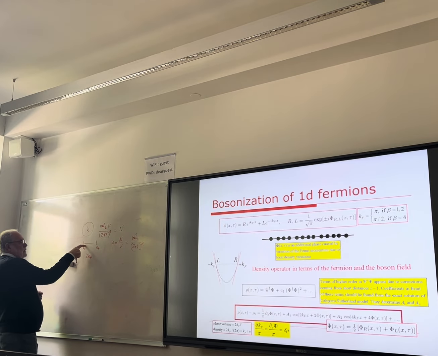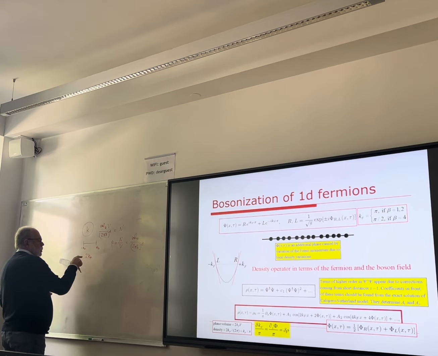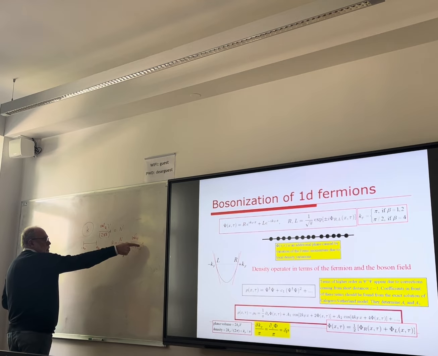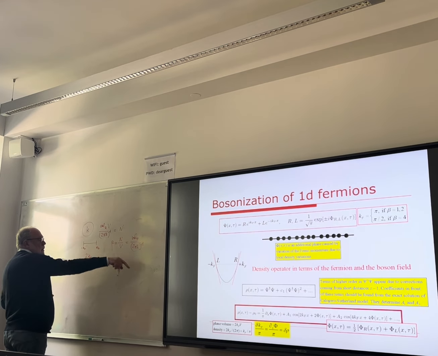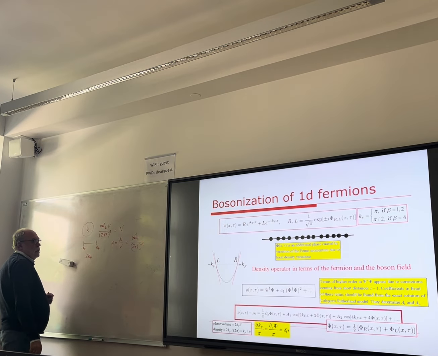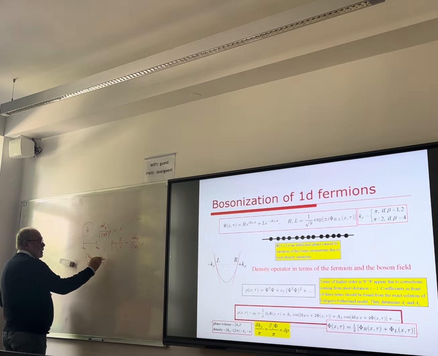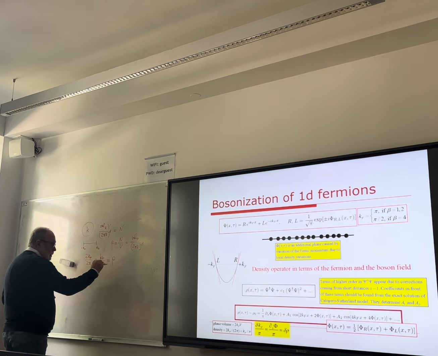Now, in 1D, this volume is 2K Fermi, and d is equal to 1. I always set units in which h bar is 1. So then I have to divide by 2 pi in 1D. So there is K Fermi by pi, and this is the density.